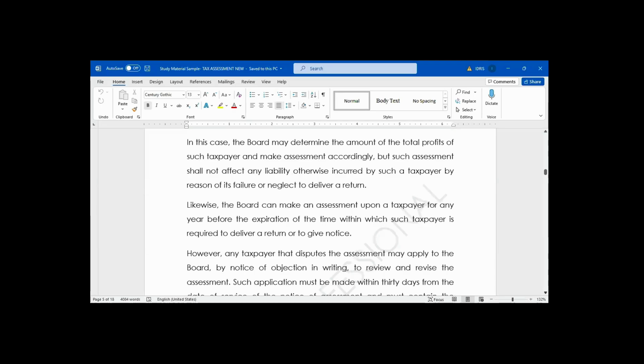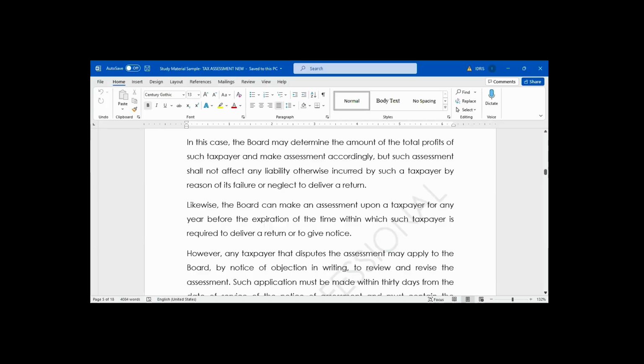Take, for instance, the deadline for filing company income tax return is 6 months. By June, your audited account is yet to be ready because of one reason or the other. Maybe the accountant is late or something happened. So you can write to the tax authority: my audited account cannot be ready by end of June, but please allow me to pay company income tax based on provisional assessment, based on the amount of tax I paid in the immediate preceding year, 2024.